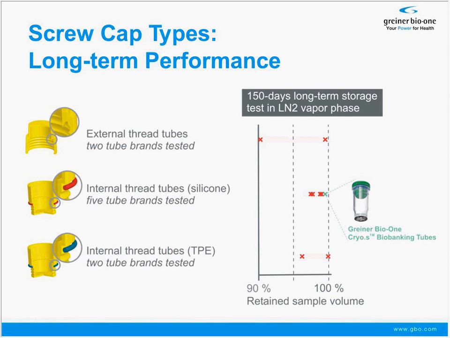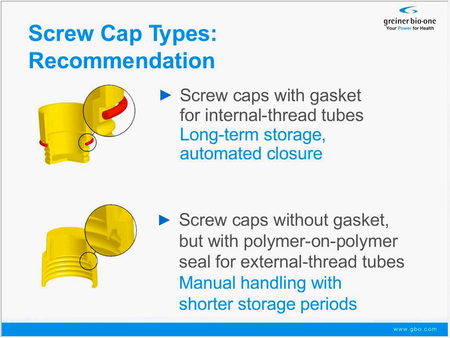Taking together the story about the tube and the screw caps, I want to suggest these recommendations. We suggest screw caps with gasket for internally threaded tubes are a good solution if your aim is rather long-term storage and you have the capability to automatically close and open the tubes. There's not much manual gripping surface here, but if you use semi or fully automated devices for closing the tubes, you have a very good solution.